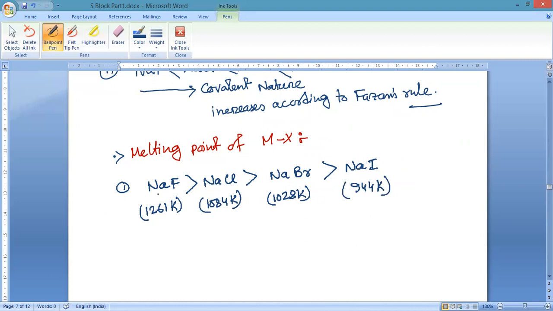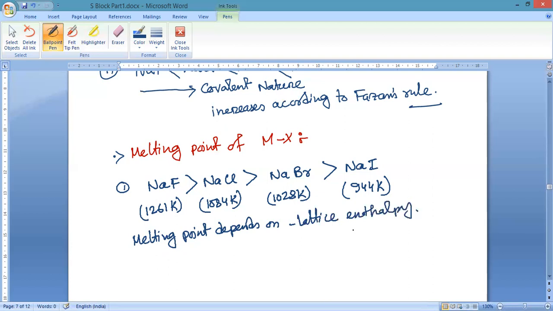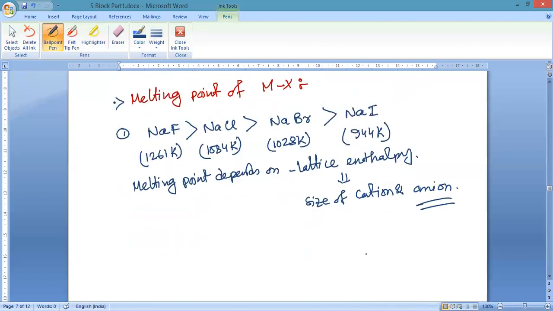So if the cation and anion both have smaller size, their melting point will be more. Actually, melting point depends on lattice enthalpy, and lattice enthalpy depends on the size of the cation and anion.